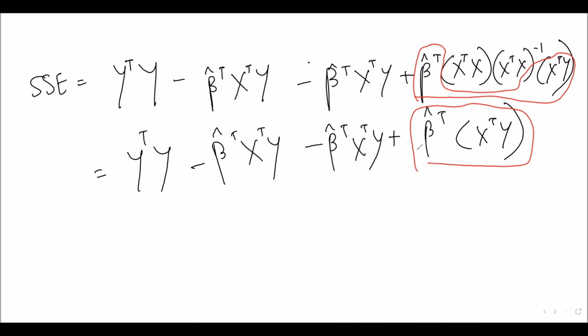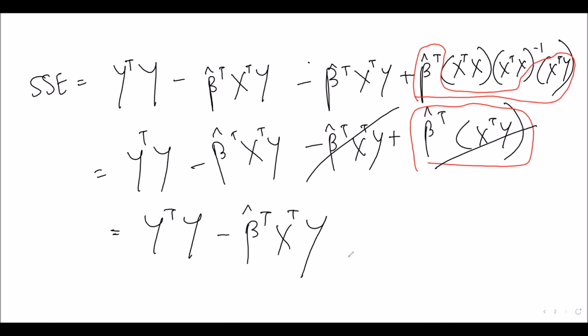So this is the same thing repeated here. So it cancels out, and you are left with Y transpose Y minus beta hat transpose X transpose Y. This is the answer.